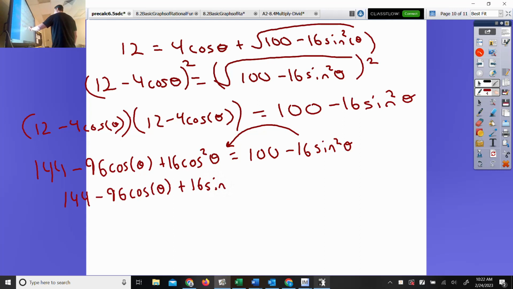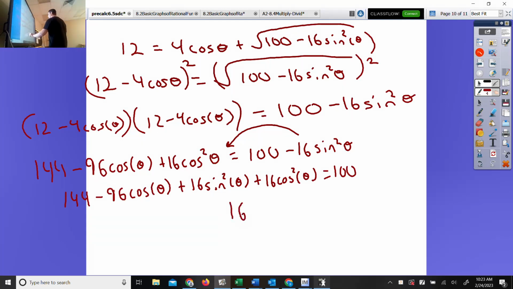Move that negative over, it becomes positive. So what do you know about a sine squared plus a cosine squared? It's 1. So what's 16 sine squared plus 16 cosine squared? 16.